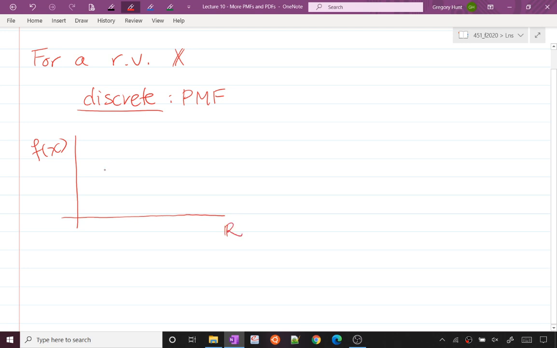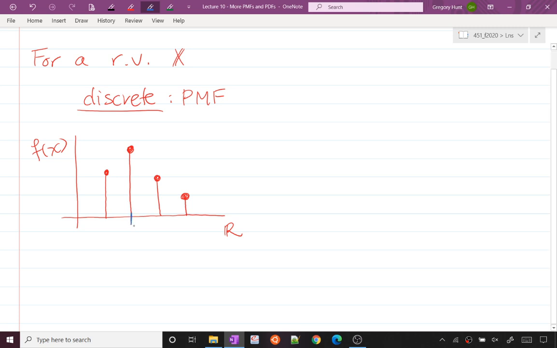We could make a little stick plot so that the height of the stick at each point corresponds to the probability that our random variable ends up at this spot.